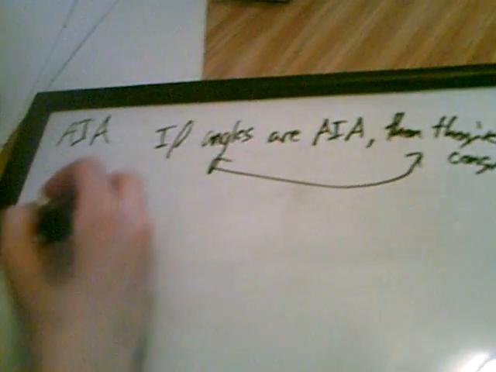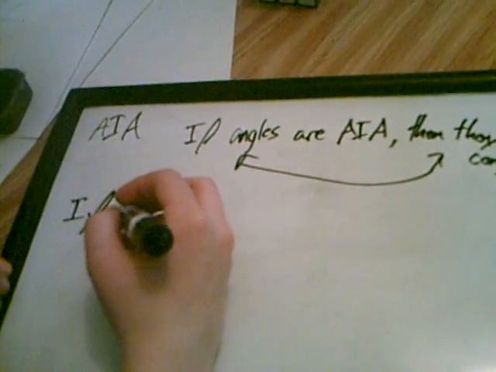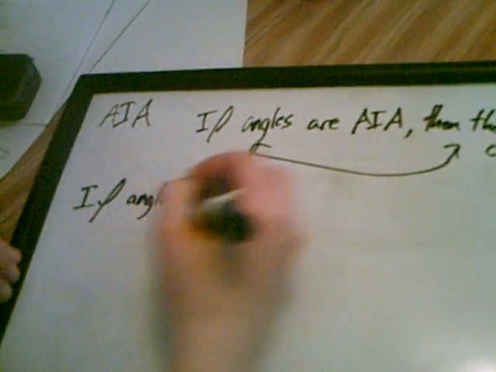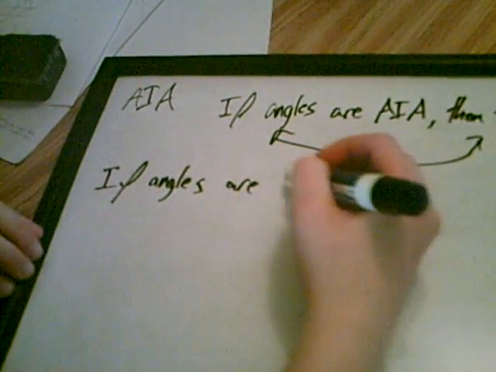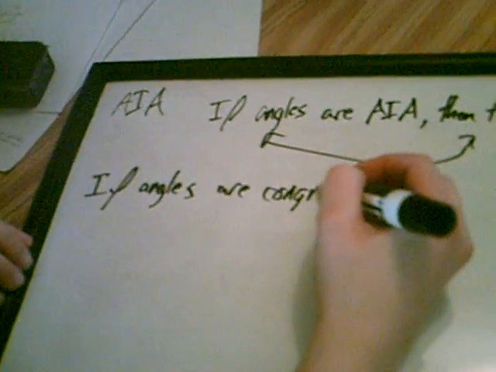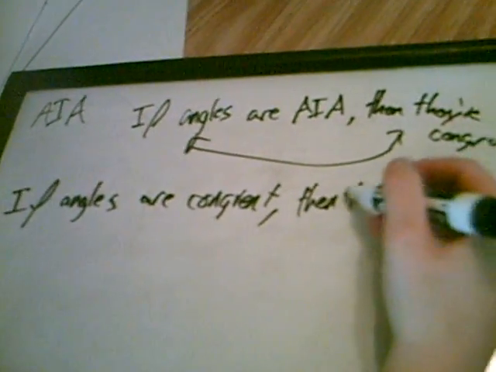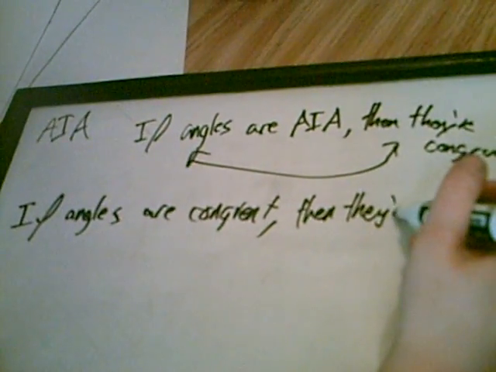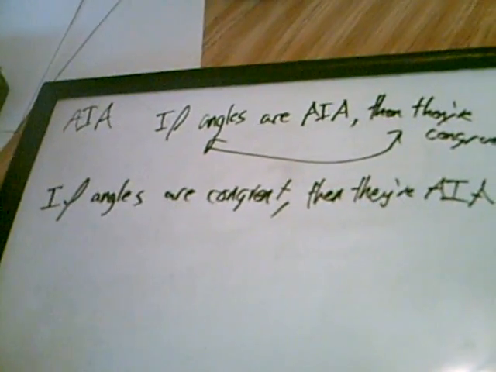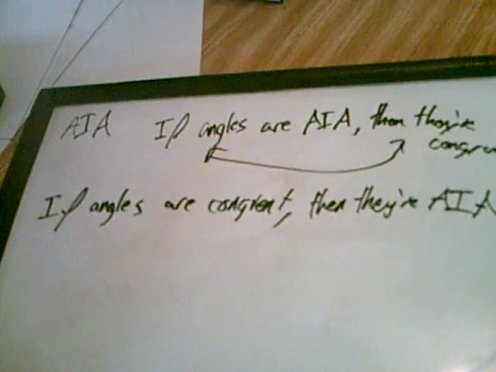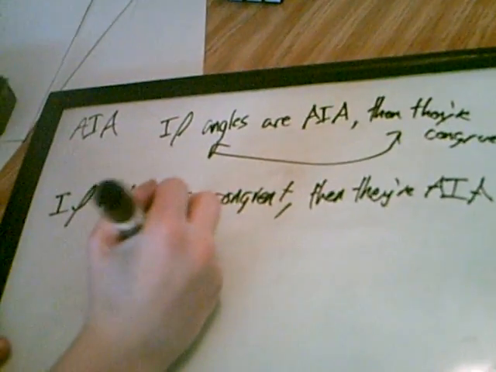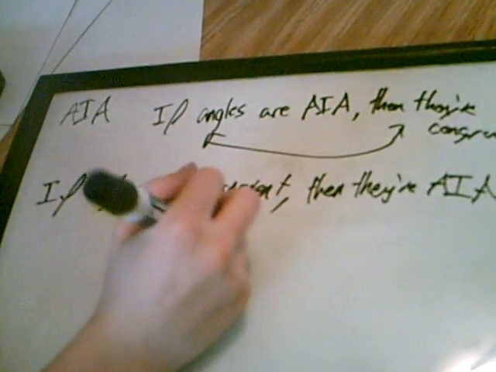So now it becomes, if angles are congruent, then they're alternate interior angles. Well, if you just think about that for a minute, it's pretty obvious that the converse is not true. False.